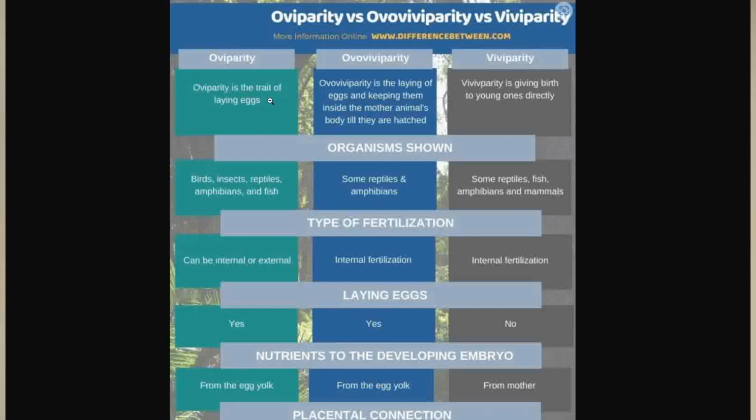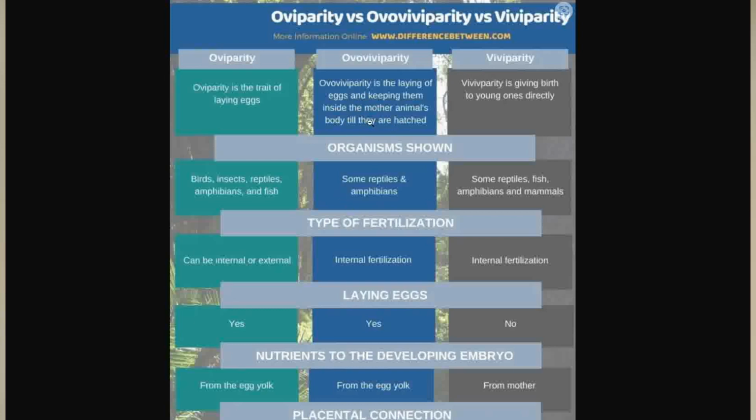Oviparity is a trait of laying eggs. Viviparity, which is the advanced level, is when organisms give birth to their young ones alive. This happens in mammals. Then in between oviparity and viviparity, you have another concept called ovoviviparity.